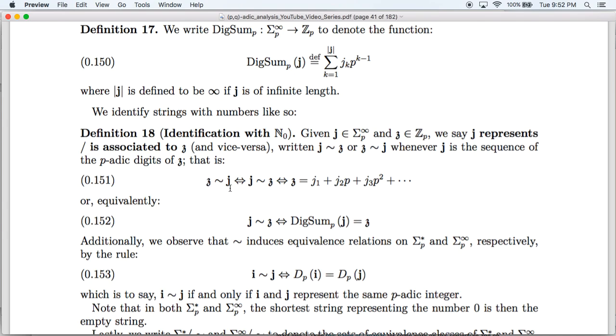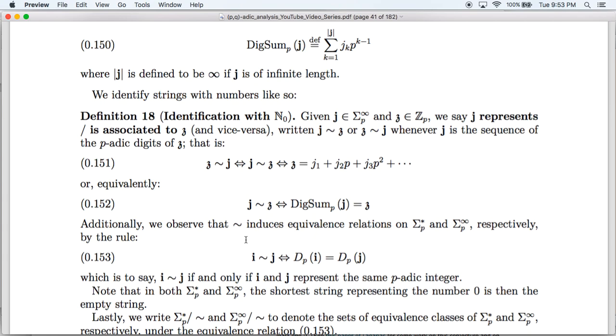That is, z twiddles j if and only if j twiddles z, if and only if z equals j1 plus j2 p plus j3 p squared plus and so on. Equivalently, j twiddles z if and only if the digit sum p of j is equal to z. We then observe that this identification is an equivalence relation on both of our string sets.